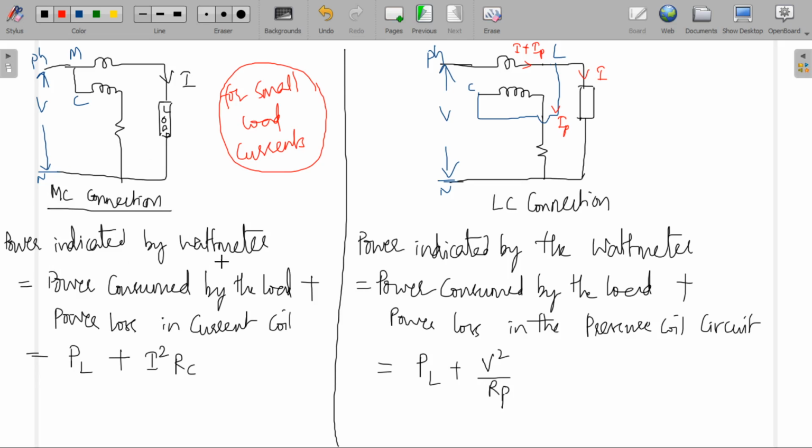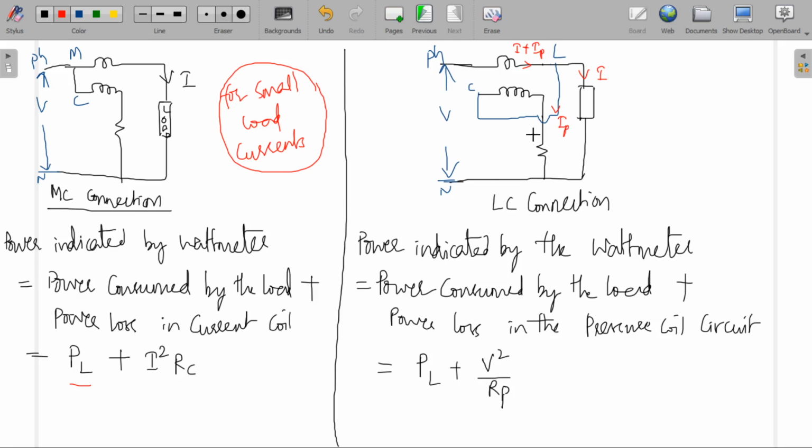The power indicated by the wattmeter is nearly equal to the power consumed by the load for small load currents. If the loss is less, it means the power indicated by the wattmeter is nearly equal to the power consumed by the load. So for small load currents, this connection is preferable.